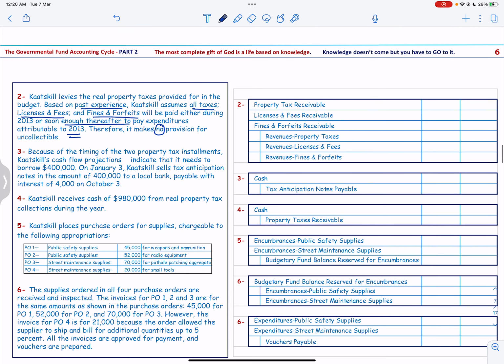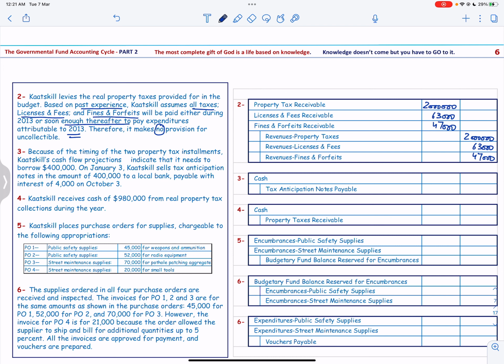So we record all of these as receivables: 2 million, and then 63,000 and 47,000. And then revenues, property taxes are credited by 2 million. Revenues, licenses and fees is credited by 63,000, and revenues, fines and forfeits are credited by 47.